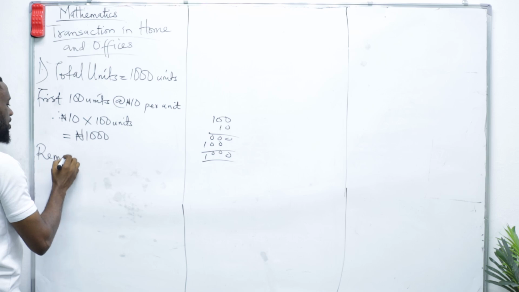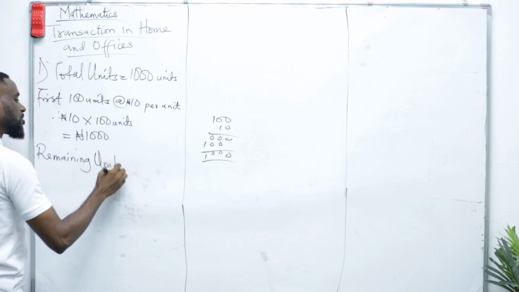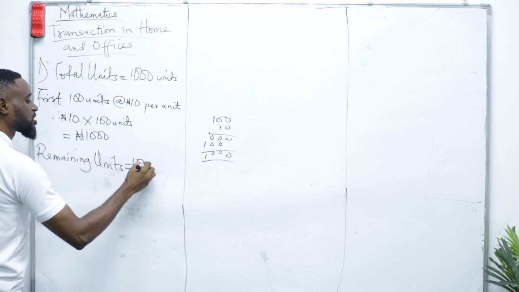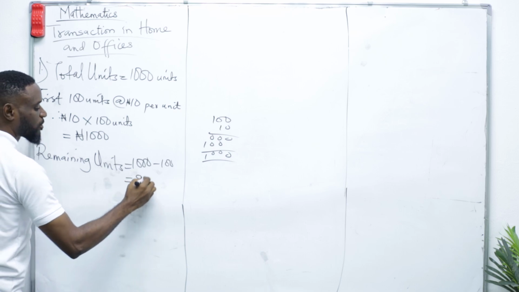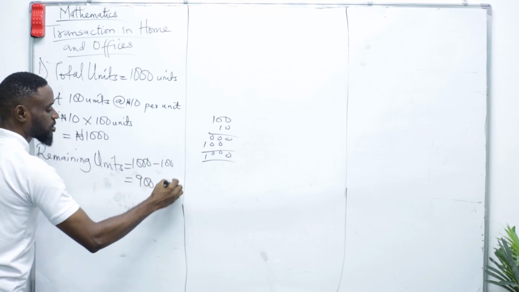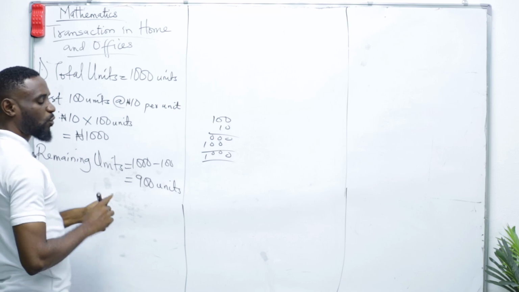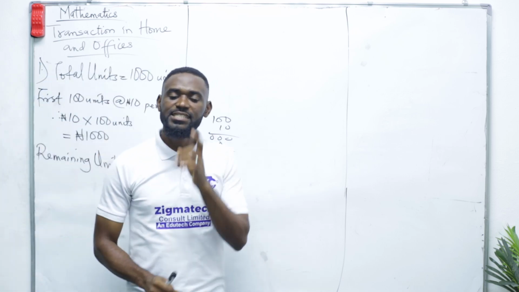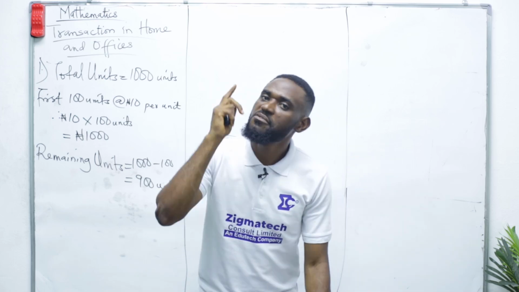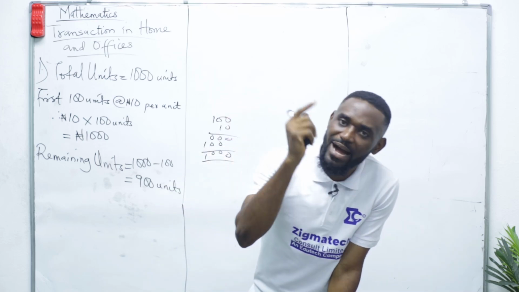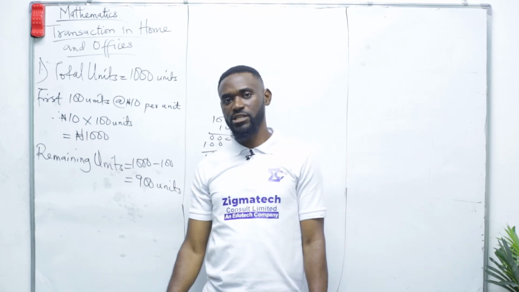Remaining units will be equal to 1,000 minus 100 units, which will be equal to 900 units. So what the question is saying is that this remaining 900 units is charged at 5 naira per unit. Do you understand?